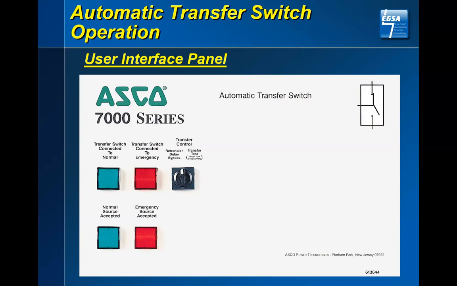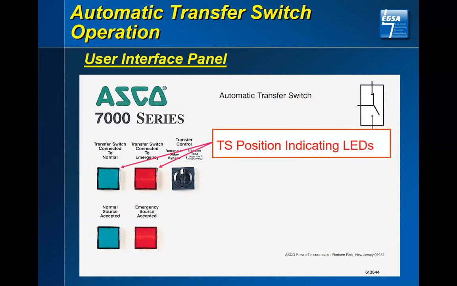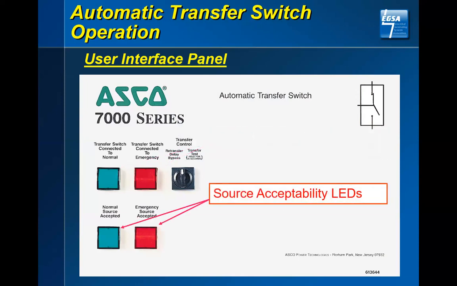That was a 6S6 type bulb, and those burned out. All of these new products now are LED type products, and they last the lifetime. So those 2 lights will state what position you are in. The one below obviously says that the normal source or emergency source is acceptable.